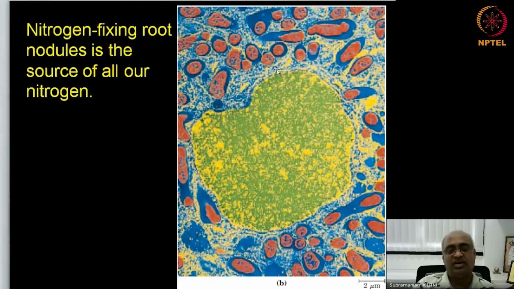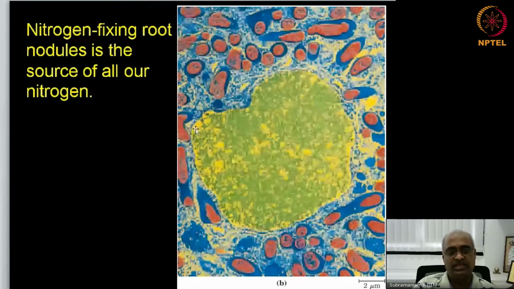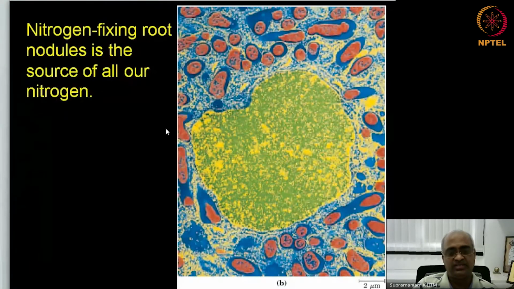So this is the large nucleus of that cell, and in its cytoplasm you have a lot of red structures. These are those Rhizobium bacteria. Okay, so they are surrounded by a bacterial protective outer cover, and that's the blue colored structure. So these are the bacteria.